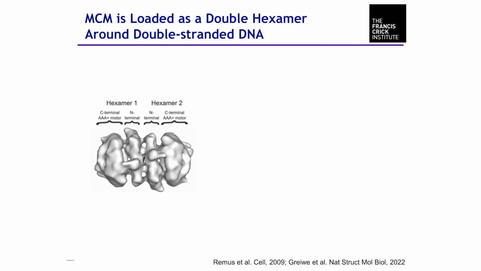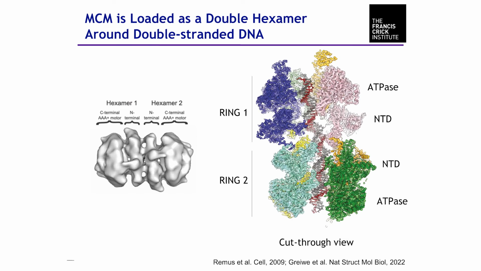This was a low-resolution structure from Dirk Remus many years ago, and this is now, I think, probably the highest resolution structure we have at the moment. It's a cut-through so that you can see the DNA. And effectively what's happening is that this double hexamer is forming around double-stranded DNA. And if you look at the path of the DNA, you can see that it's really B-form DNA throughout the entire central channel of this double hexamer.